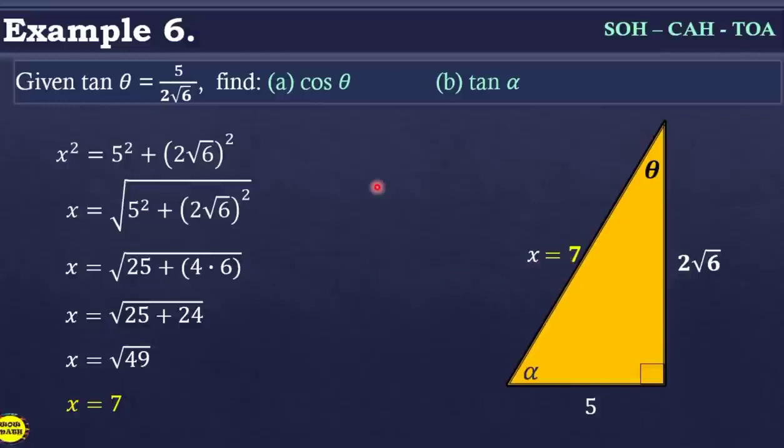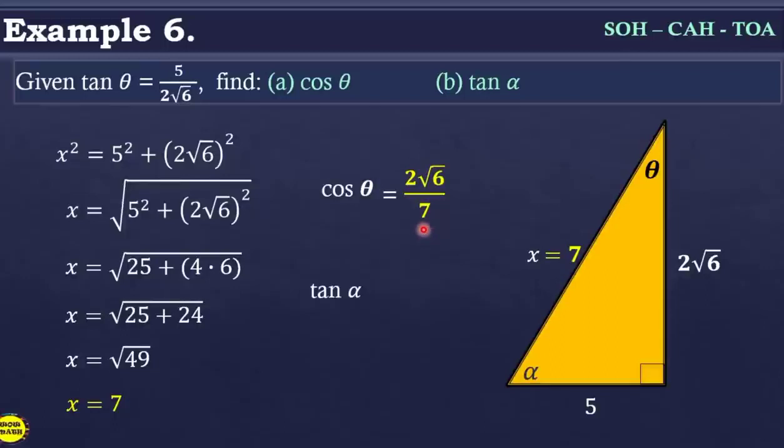Now, pinapahanap sa atin si cosine theta. Ang cosine po natin is adjacent over hypotenuse. So, theta, yung angle mo, dito ka. This is your adjacent, yung katabi, 2 square root of 6, over hypotenuse, eto siya, 7. So, your cosine theta is 2 square root of 6 over 7.